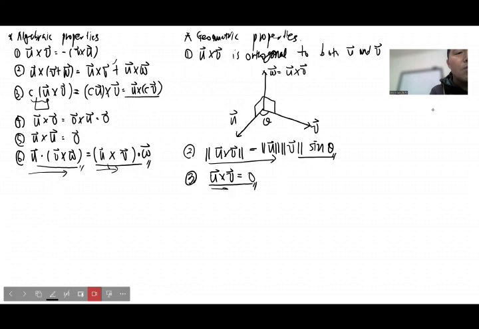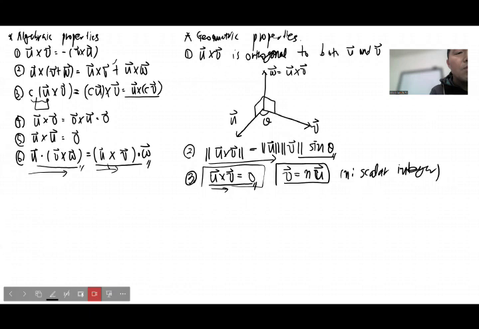So I can actually prove this idea. So if, for example, the v vector is a multiple of the u vector, like v equals n u, here n is a scalar integer. Then u cross product v should be 0.